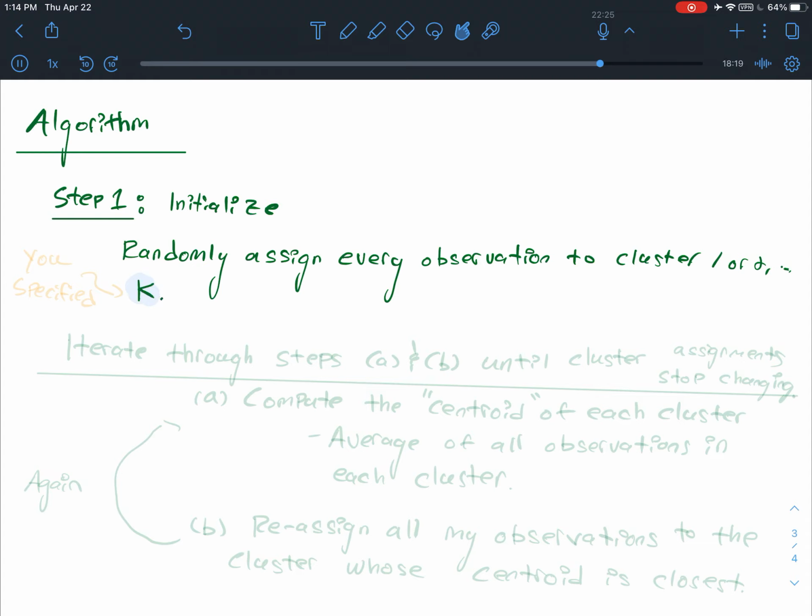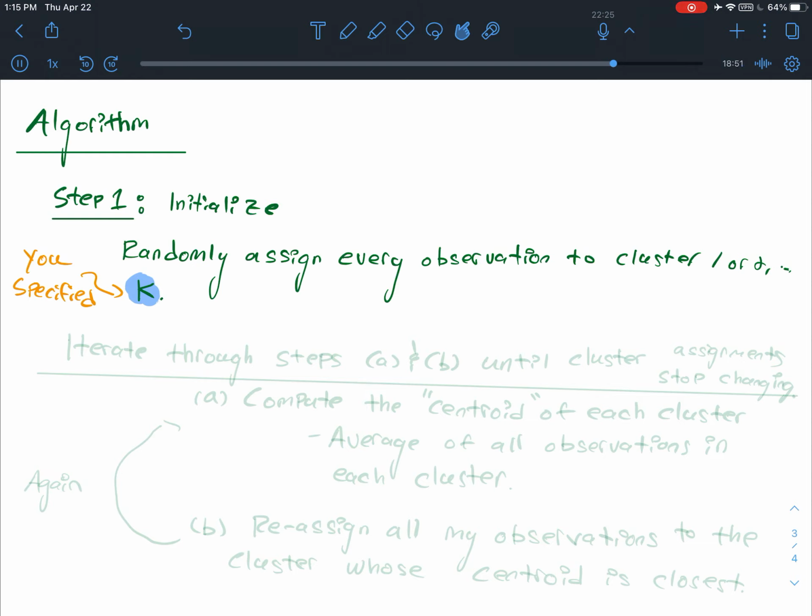And remember, this k is something you specified. You came up with this. It could be 10, it could be 2, it could be 1,000,000. You told me what k you want. So we randomly assign every observation to one of these clusters. Again, that is a form of clustering, but it's probably quite bad. And the algorithm says, let's start with something that's quite random and bad, and let's make it better.